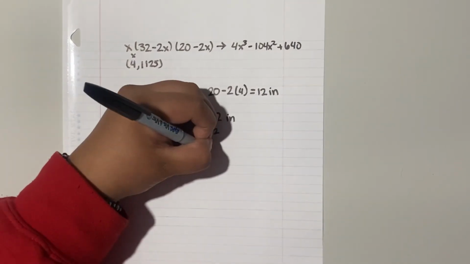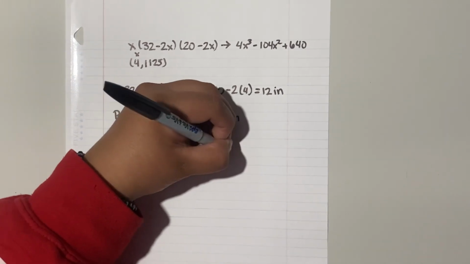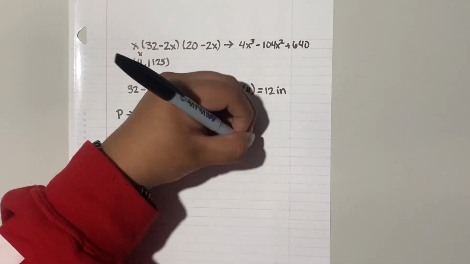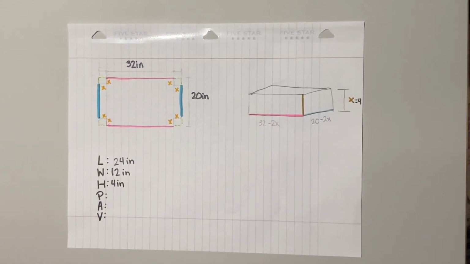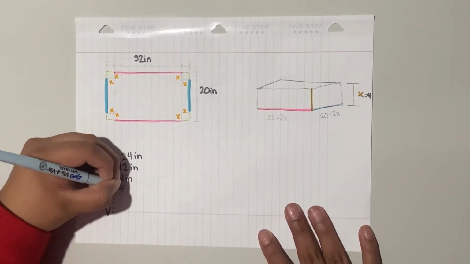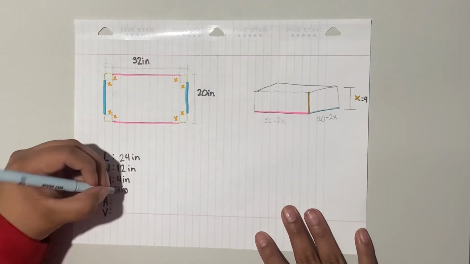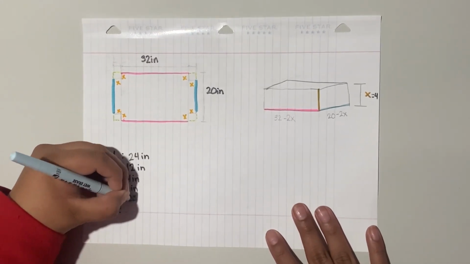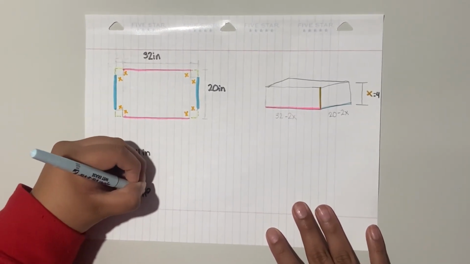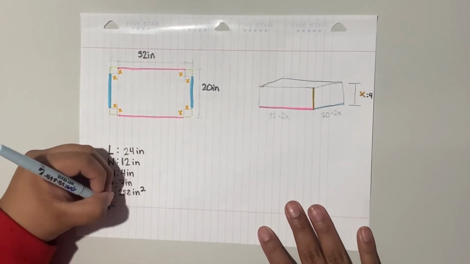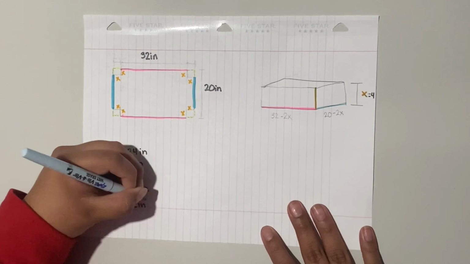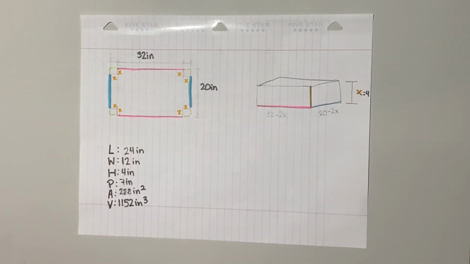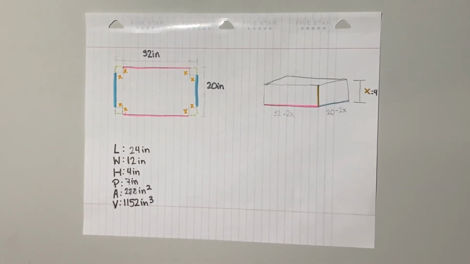And that gets us 1152 inches cubed. Now, since we know our perimeter, which is 72 inches, and our area, which is 288 inches squared, and our volume is 1152 inches cubed, we are done with part 1 and we can move on to the next part.